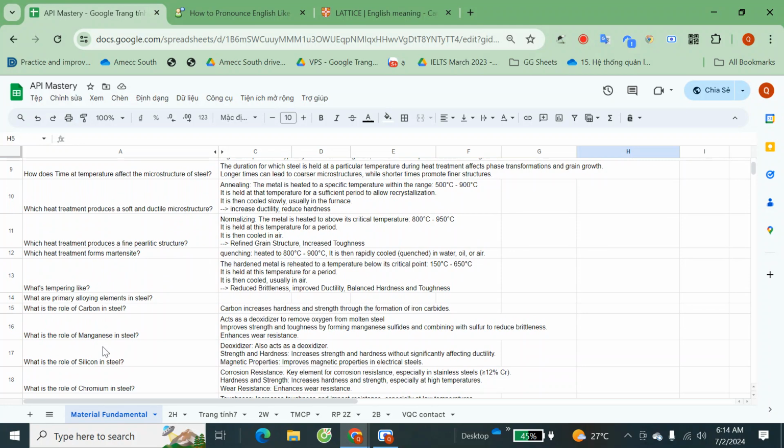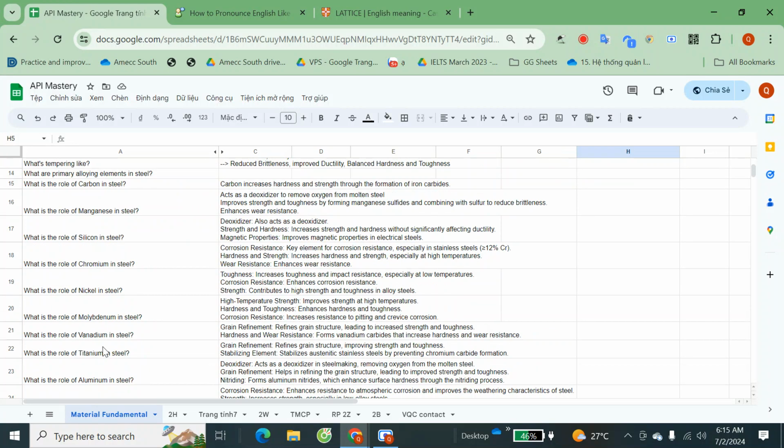The metal is heated to above its critical temperature, 800 to 950 degrees Celsius. It is held at this temperature for a period. It is then cooled in air. So the result is refined grain structure and increased toughness.